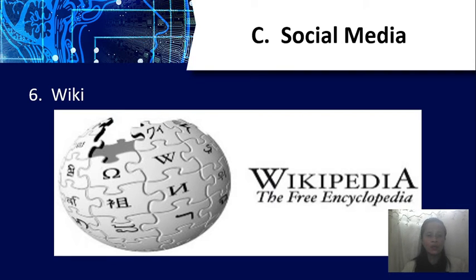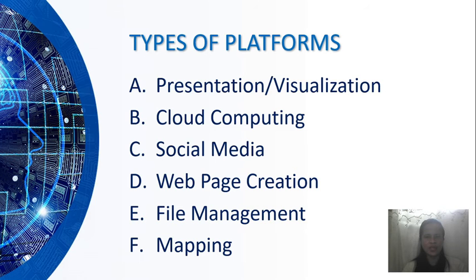So anyone with an account in Wikipedia can edit the content, provided it is checked by the administrators of the website. It is validated by the administrators. Okay, so those are the examples of social media. Another is web page creation.